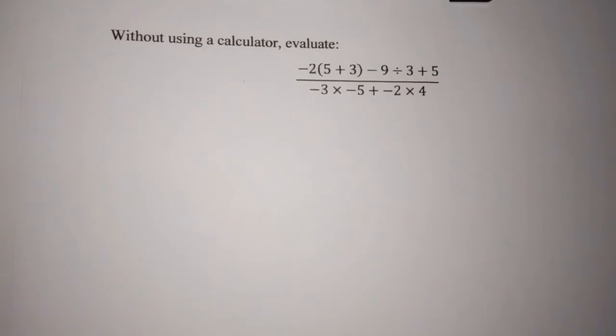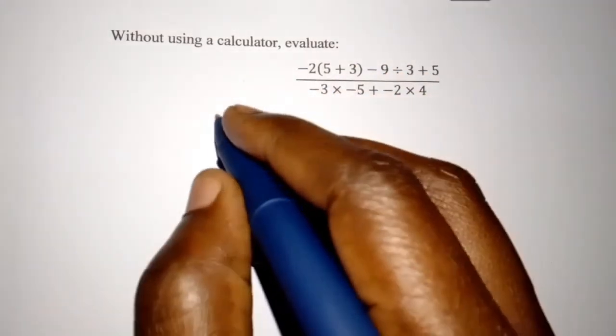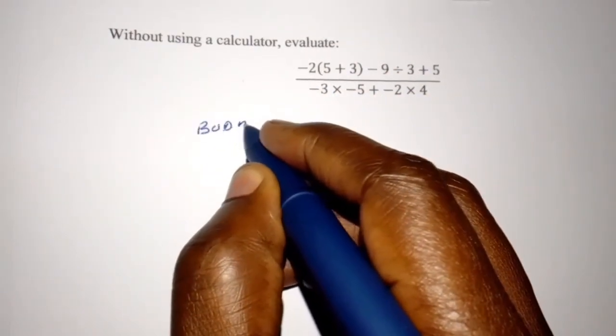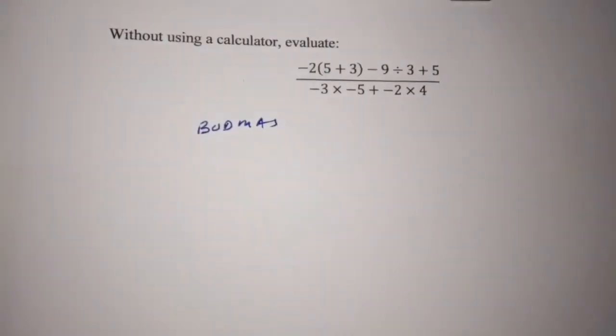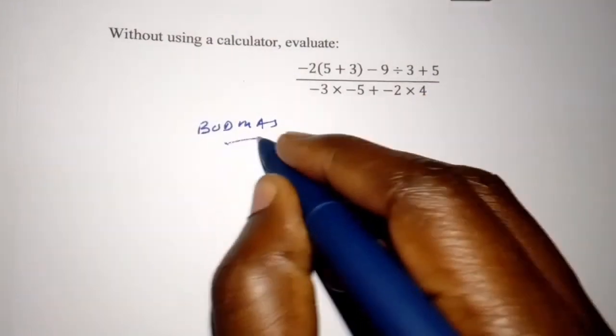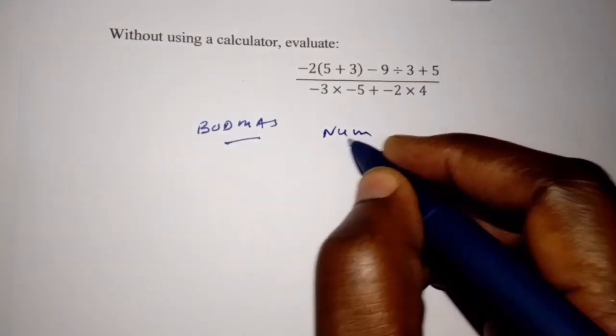Without using a calculator, evaluate -2(5 plus 3) minus 9 divided by 3 plus 5, over -3 times -5 plus -2 times 4. So we want to apply BODMAS. We start with the numerator.